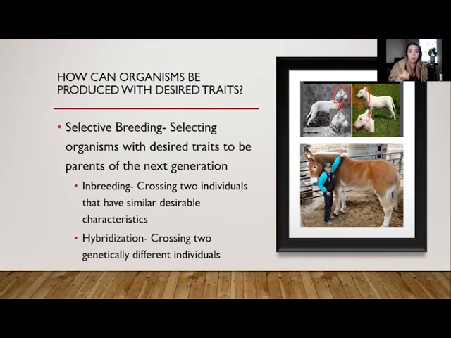The first way is called inbreeding, and that's where you take two organisms that are closely related and allow them to create offspring. The dangerous thing about this is if you look at the PowerPoint, this top picture demonstrates what inbreeding can cause over a long period of time.